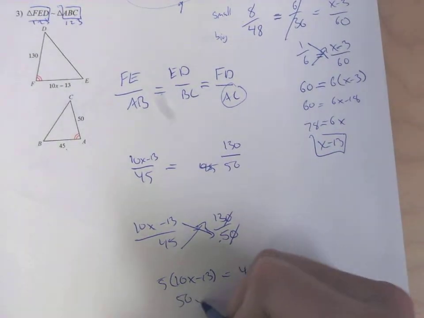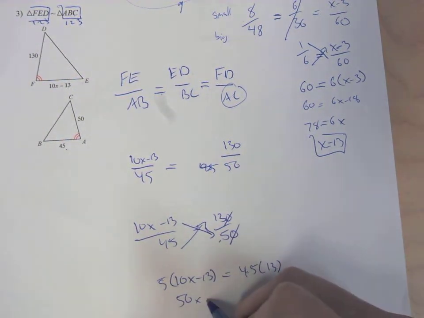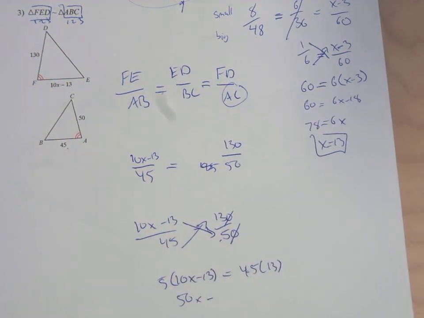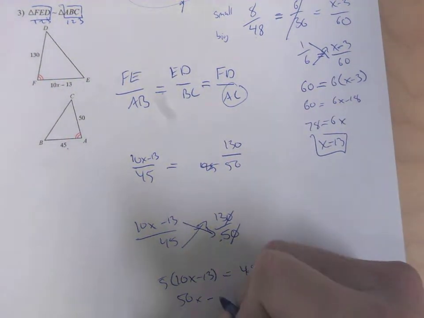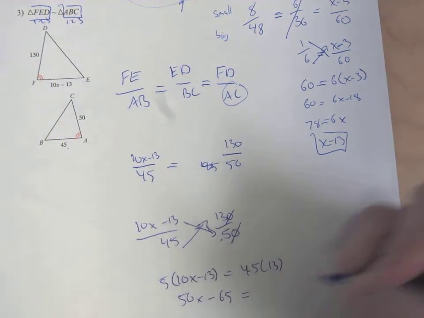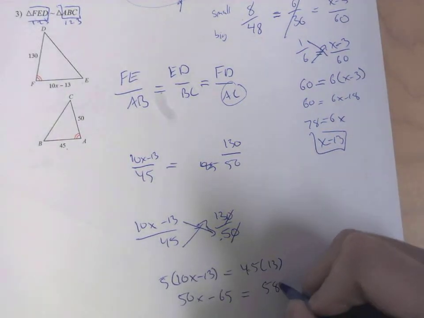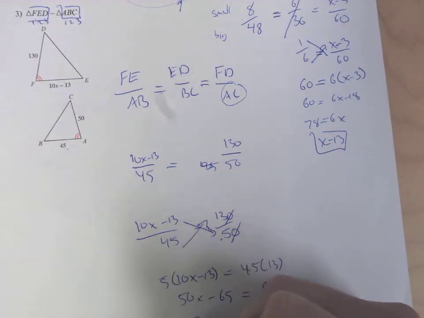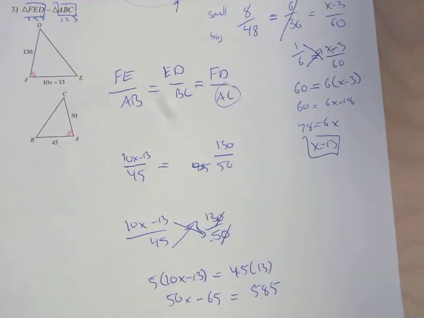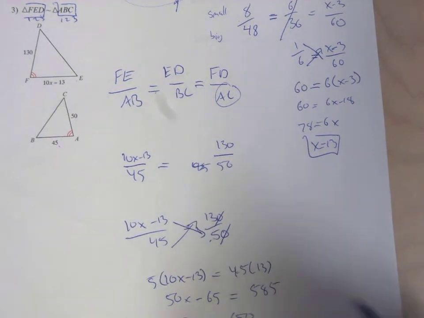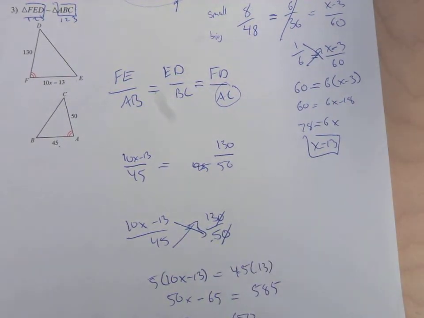Okay, distribute: 50x minus, I think it's 65, equals, okay, I don't know this one. 45 times 13 is too big for me. Okay, 585. Okay, so 50x equals, if I add 65 to both sides, 650. Divide both sides by 50.